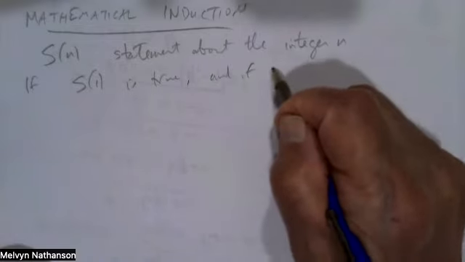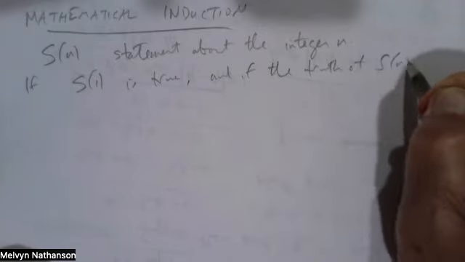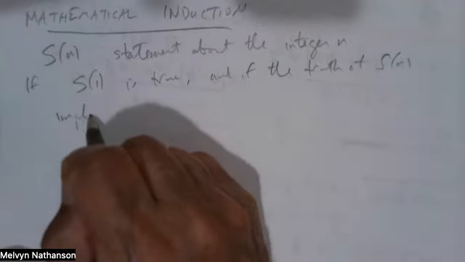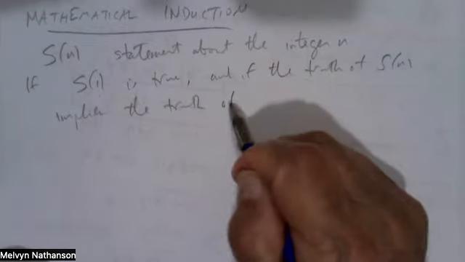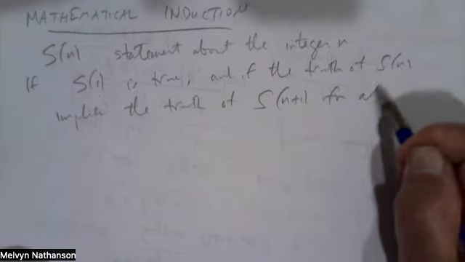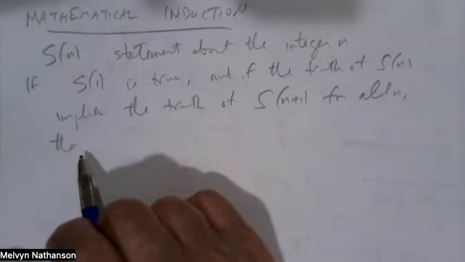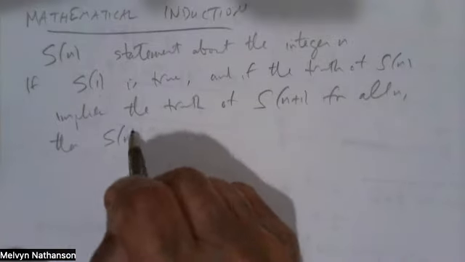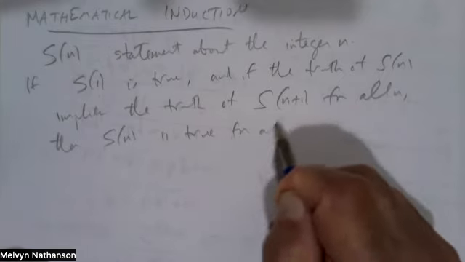And if the truth of S of n implies the truth of S of n plus 1 for all n, then the statement S of n is true for all n.